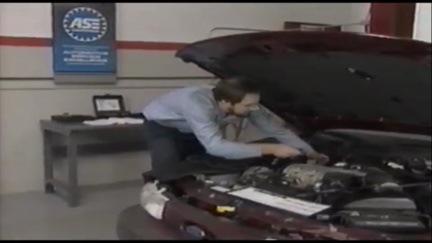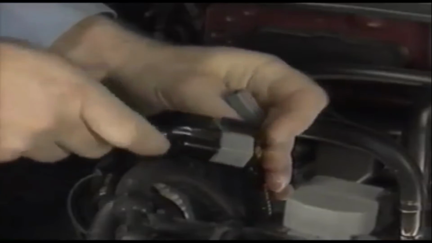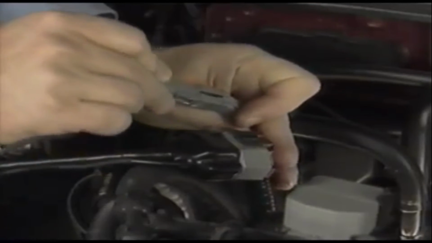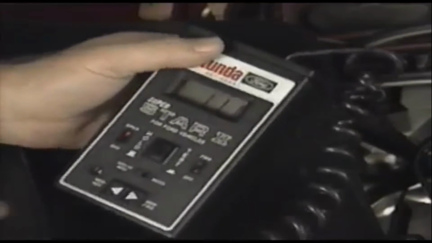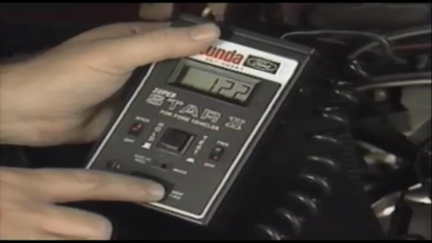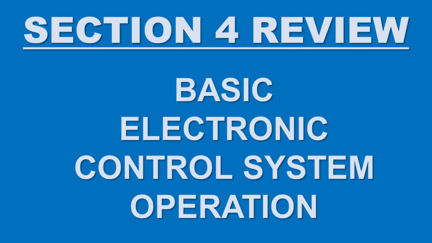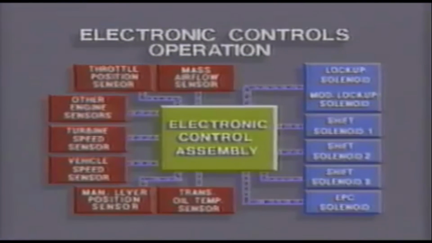Another feature of electronic control systems is their ability to monitor themselves for signs of trouble and record any input failures that occur during normal vehicle operation. These can be retrieved later during your diagnostic routines. Now let's take a moment to review electronic control devices. Electronic control systems are a combination of three types of devices.